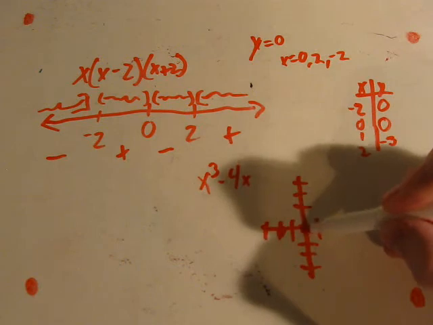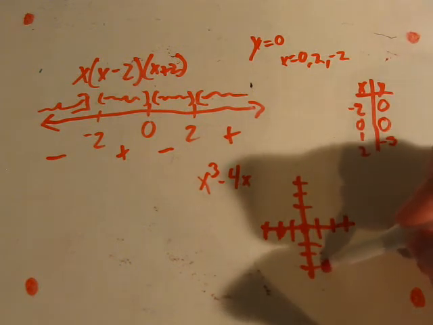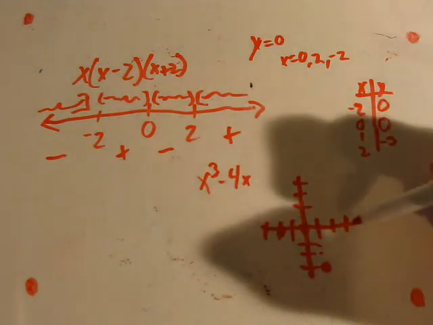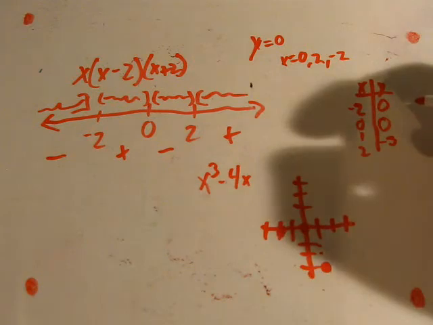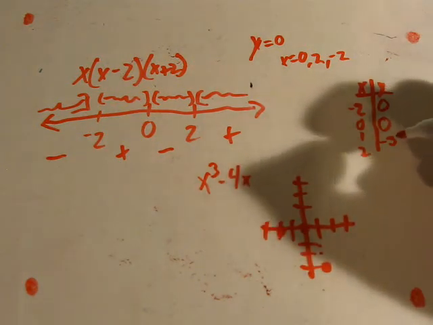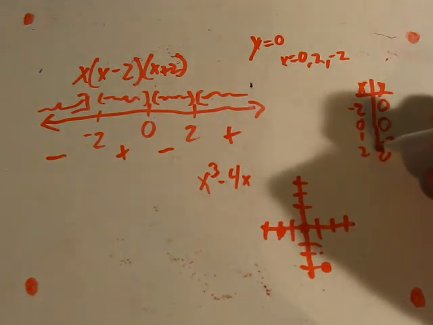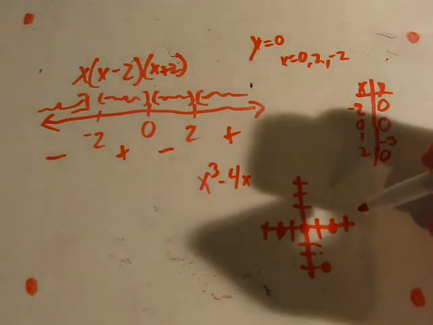So 0, 0, and 1, -3. Then we get to 2. 2 cubed is 8. Minus 4 times 2 is 8. 8 minus 8 is 0. So, when we get to 2, that's where we are.